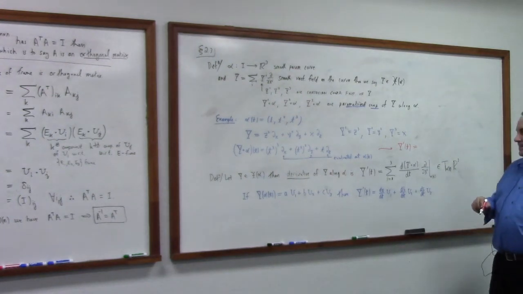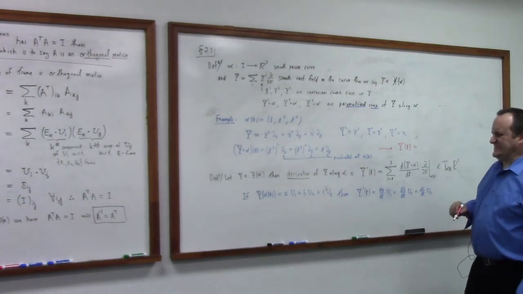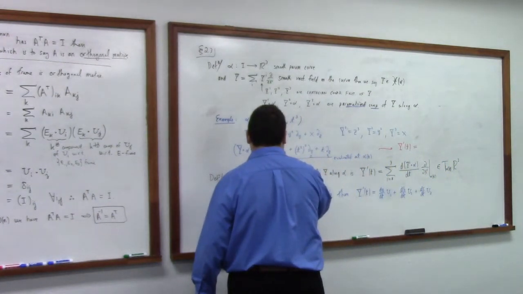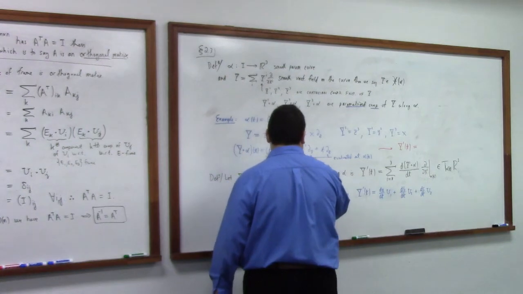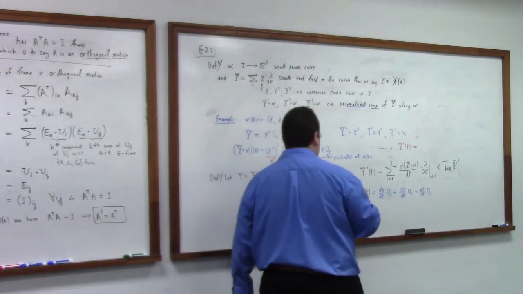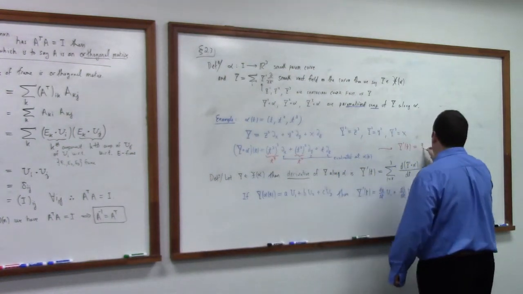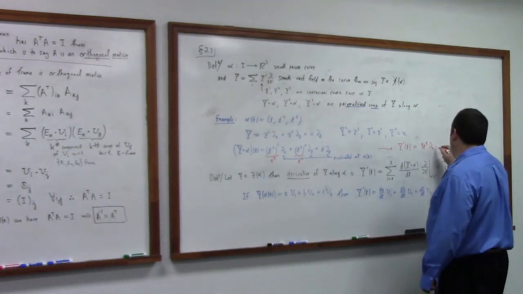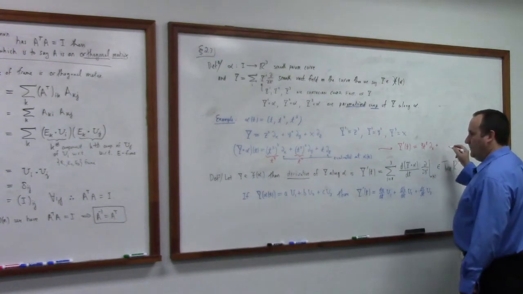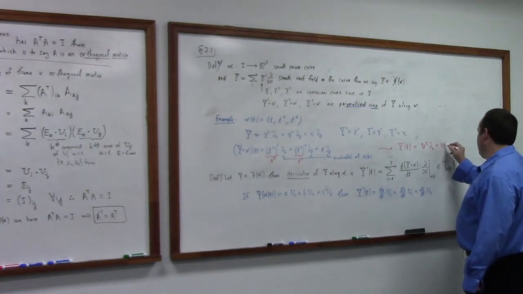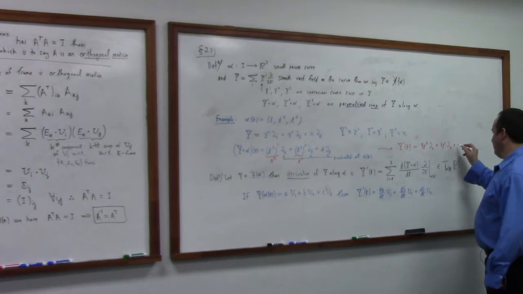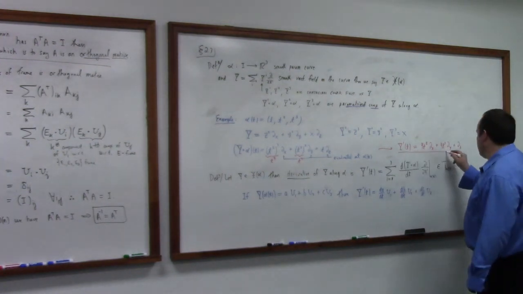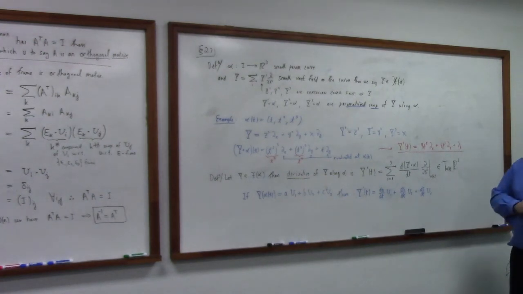This is t to the 9th, this is t to the 4th. So 9t to the 8th power partial x, 4t cubed partial y, and then partial z. Of course, we could go back to the u1, u2, u3 notation if you want.